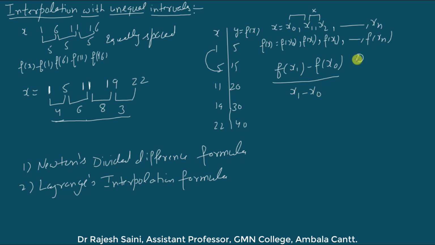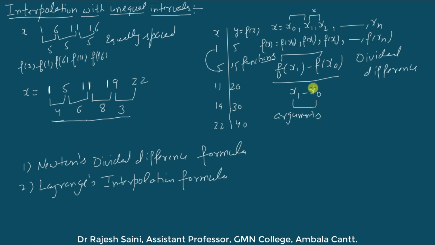This is known as divided difference. Why divided difference? Because division is taking place, but between the difference of values of the function and the difference of values of the argument. These are the values of functions, and these are values of arguments.